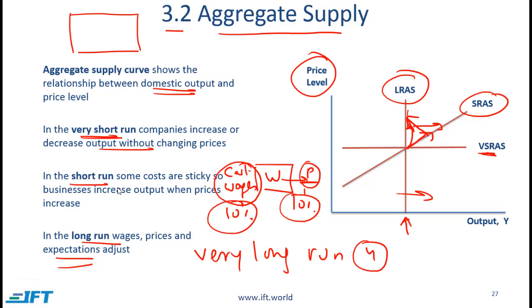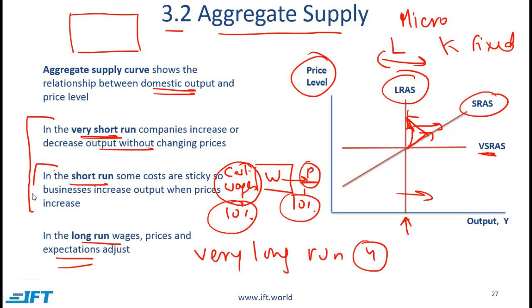When we say short run in microeconomics, we mean that some factors of production are fixed and some are variable. So in micro, simplistically, we say that in the short run, labor is variable, but capital is fixed. Notice that the distinction between short run and long run is different when we talk about macroeconomics.